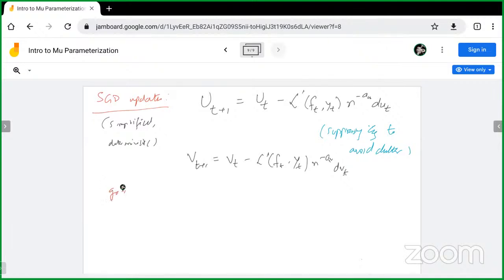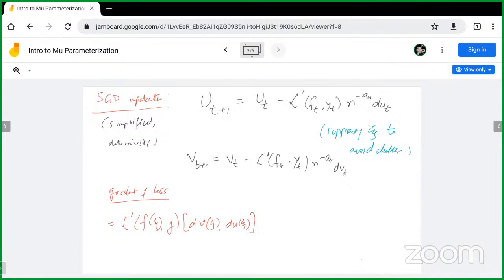It is the loss derivative times your vector dv zeta, v theta.